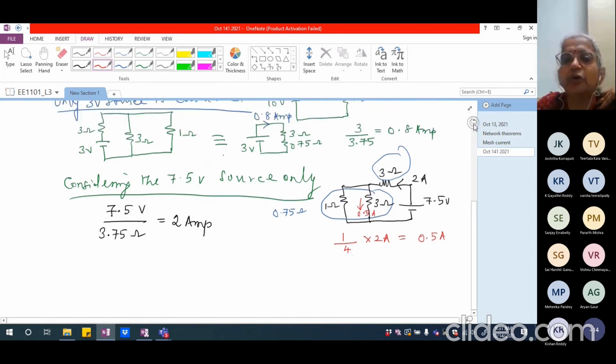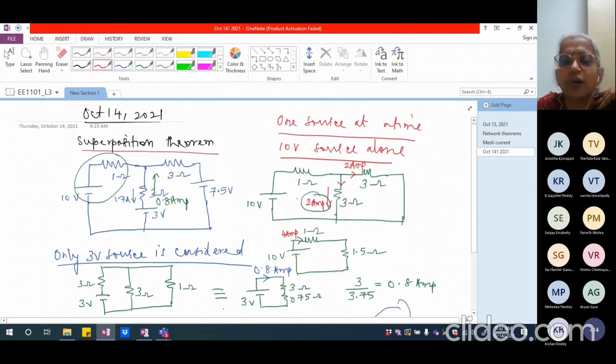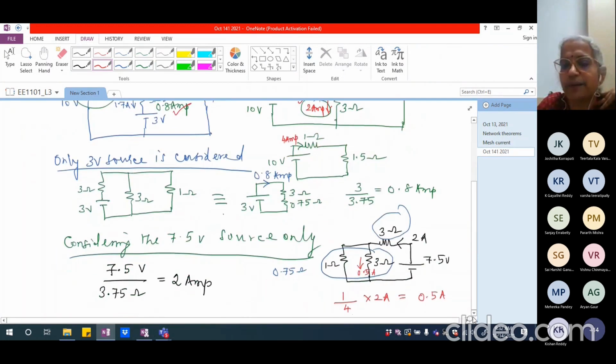So if you look at the overall current, this was 2 ampere downward, this was 0.8 ampere upward, and this is 0.5 ampere downward.